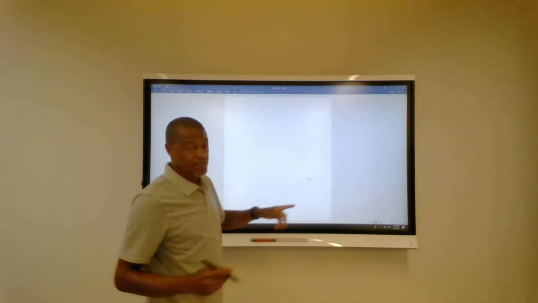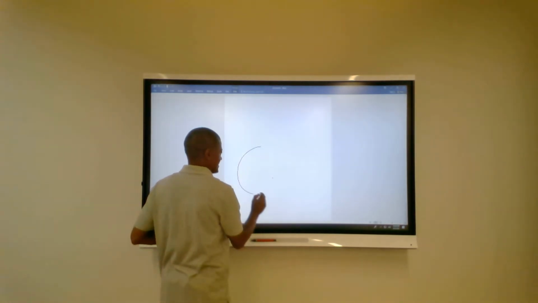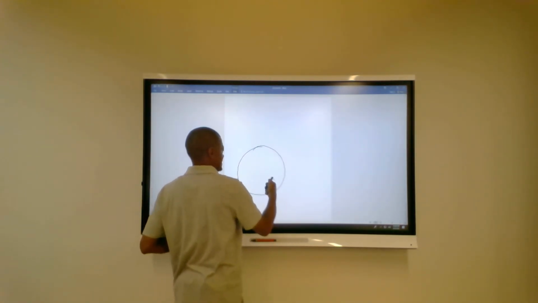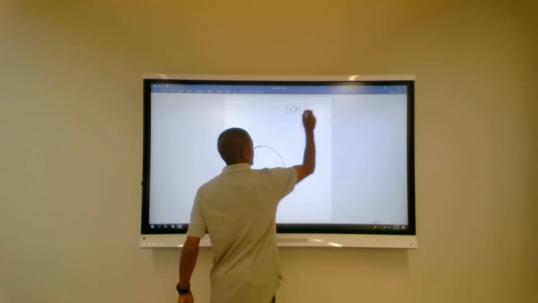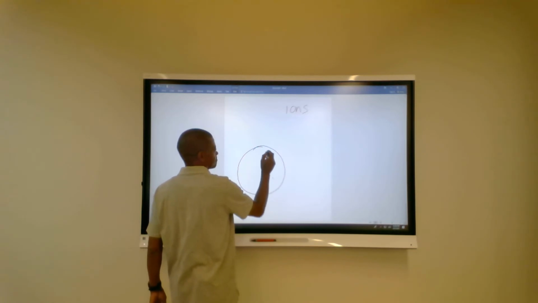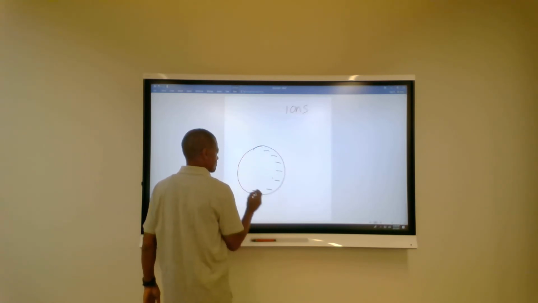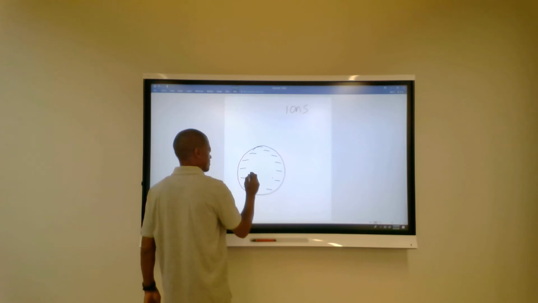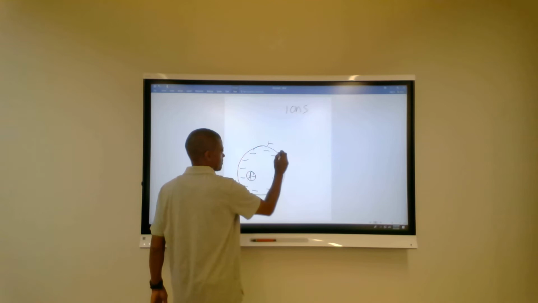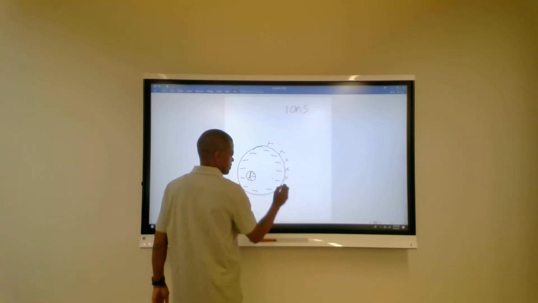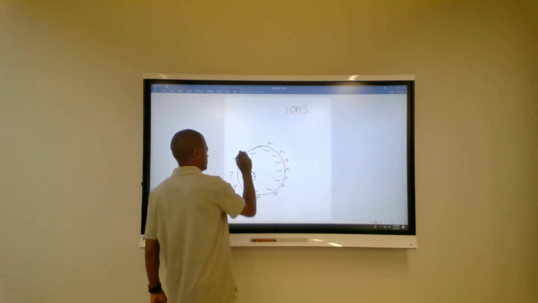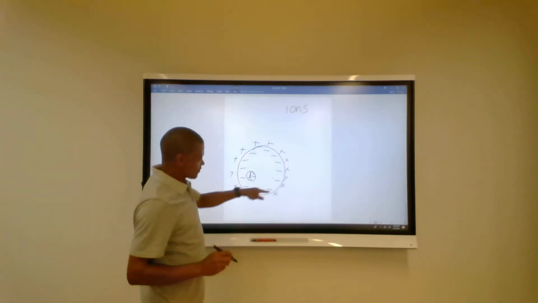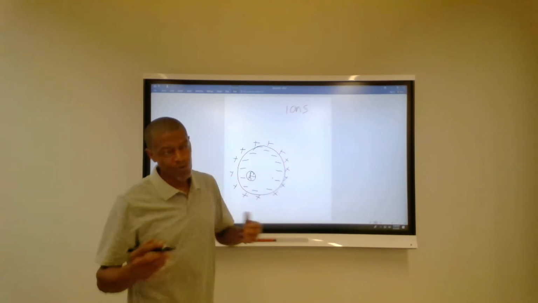So when we said ions, this covering right here is the membrane or the circle.